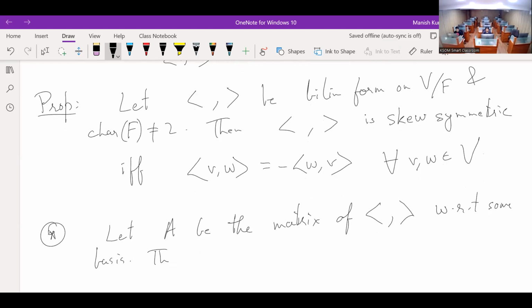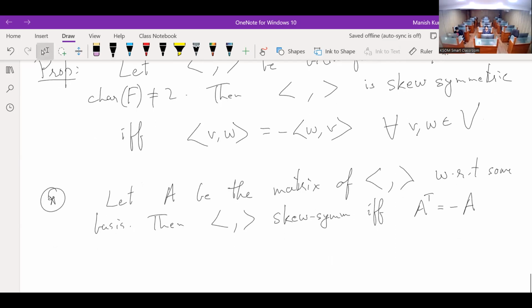Then this is skew symmetric if and only if, what can we say? If A transpose is minus A.